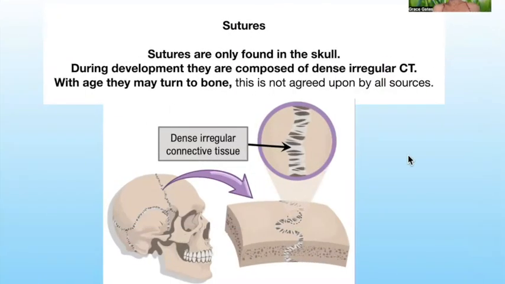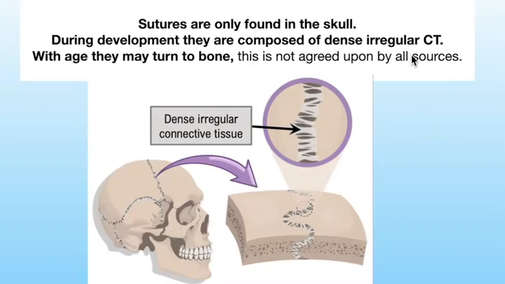And remember, during development, they are composed of dense, irregular connective tissue. And when we're born, our sutures are wider, and there are actually spots in the skull of a newborn baby that are just sheets of dense, irregular connective tissue, and those areas are called fontanelles.